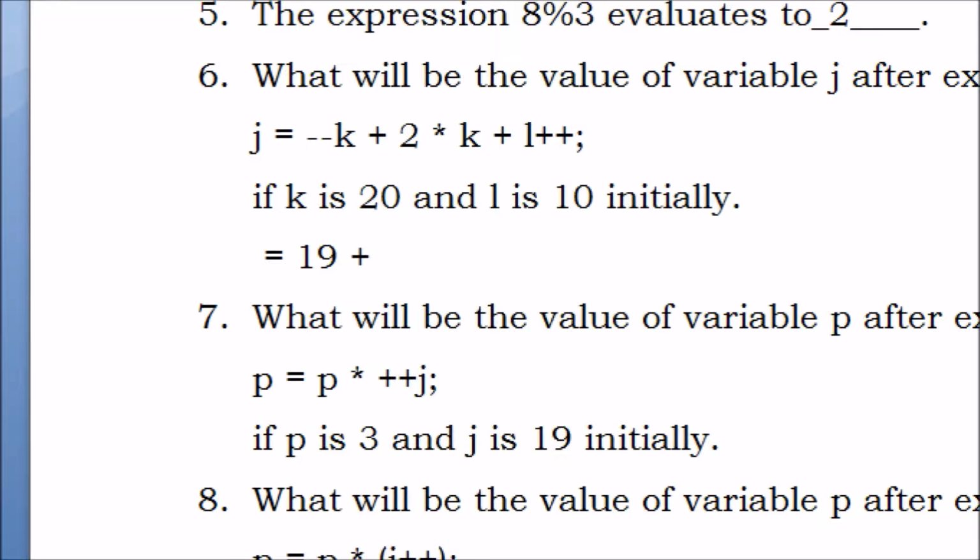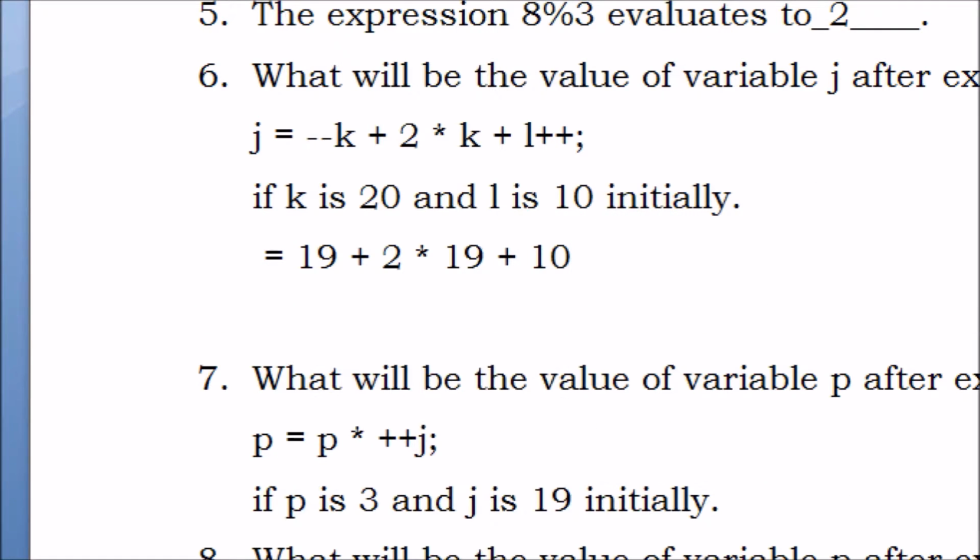Carrying on, plus 2 will come as it is, multiply sign, the value of k, what do I put here? 19, since it was decremented earlier. Then plus l plus plus. What is the given value of l? 10. So what value will I take here? It is 10 only, because it is post-increment, so the increment operation will happen after placing the old value.